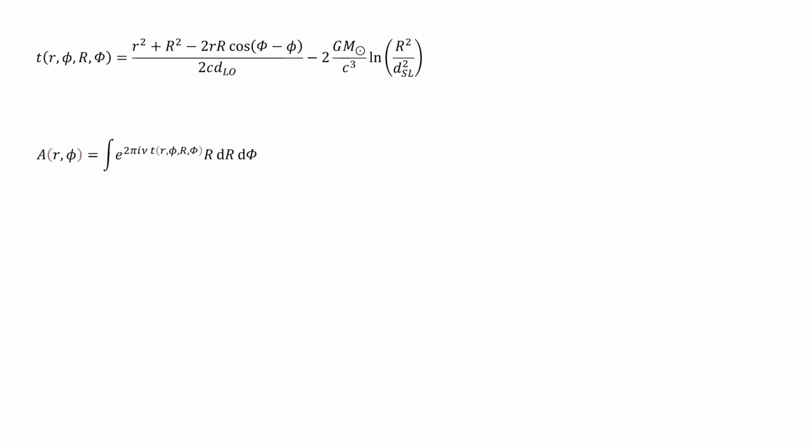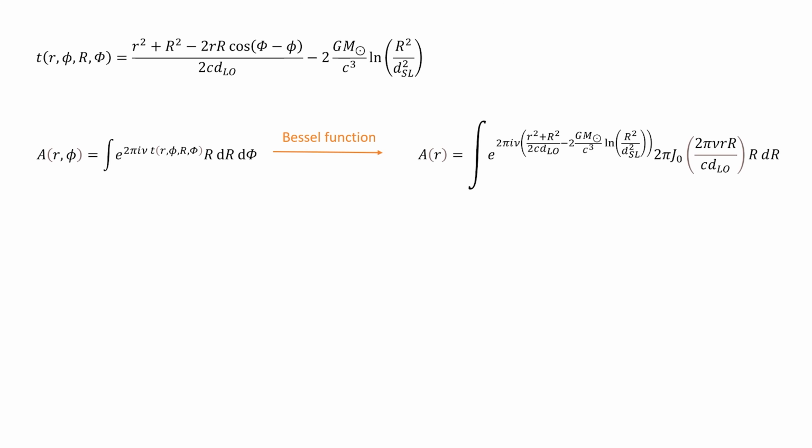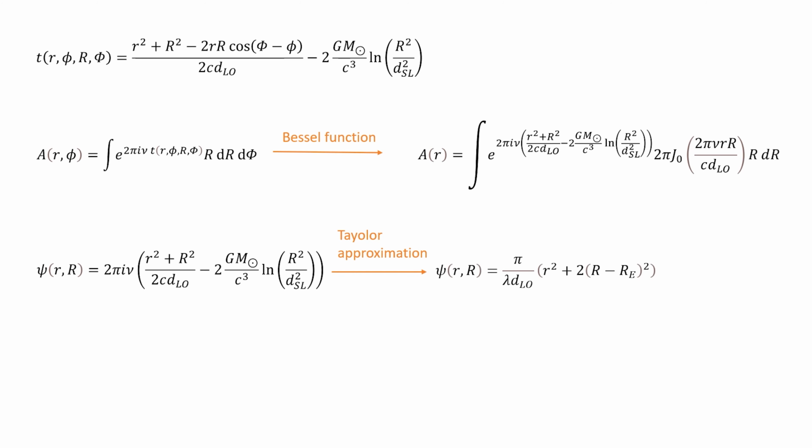Doing some algebra, we can replace the angular part of the integral by a Bessel function of order 0. The phase function of the light is now the real exponent in the exponential function. In order to simplify our calculations, we can approximate the phase function with a Taylor approximation around the region of minimal phase change.